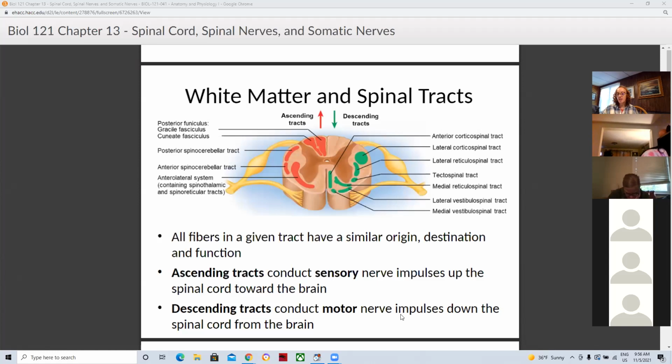The ascending tracts in the white matter of the funiculi are going to conduct sensory nerve impulses up the spinal cord toward the brain. The descending tracts are going to conduct motor nerve impulses down the spinal cord from the brain.